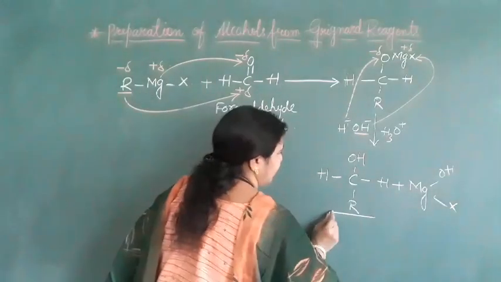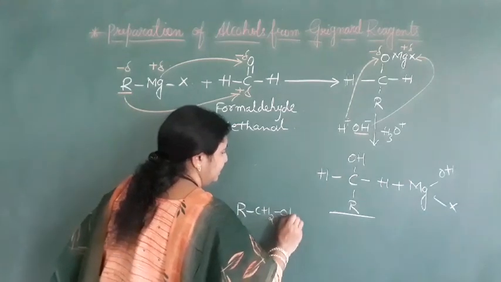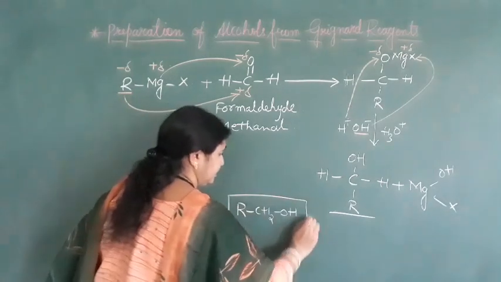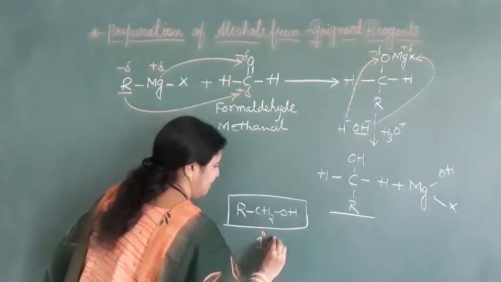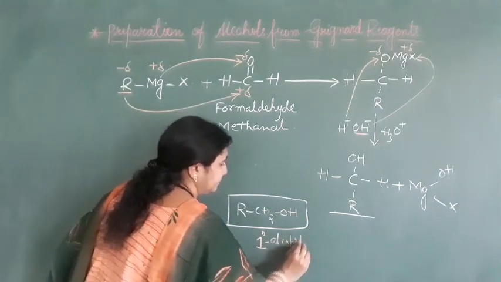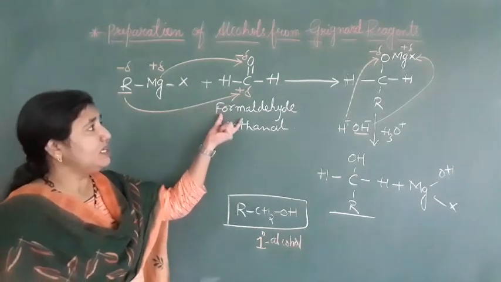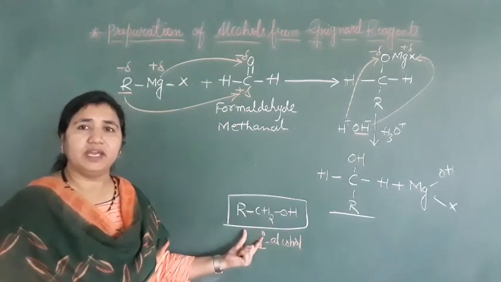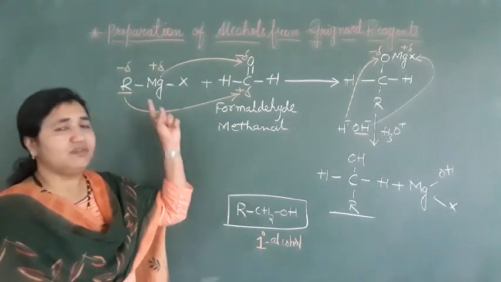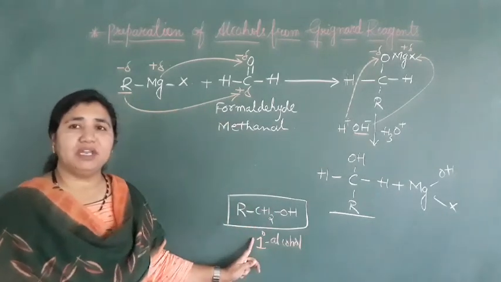So this is our product, RCH2OH. This is a primary alcohol. So whenever Grignard reagent reacts with formaldehyde, it gives a primary alcohol. This is a key point, remember this one.